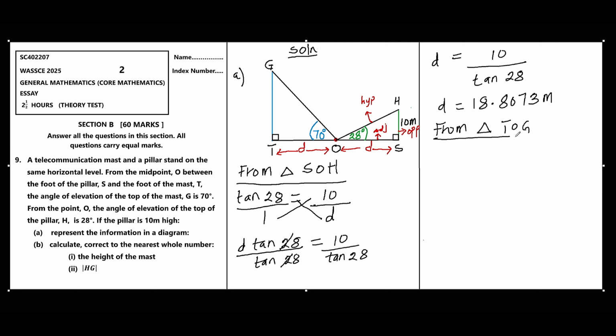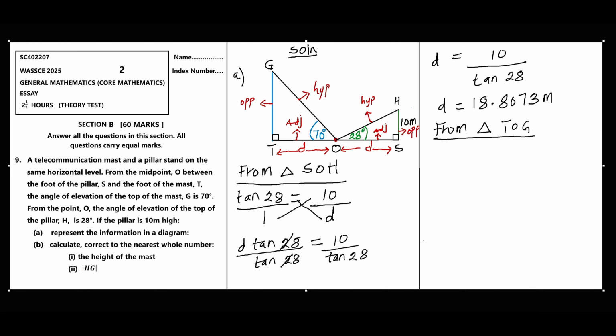So from triangle TOG, we know that the side facing the acute angle will always be the opposite. So this is the opposite. The longer side will be the hypotenuse, and then the remaining side will be the adjacent. So from this right angle triangle, we are looking for the opposite, but we know the length of the adjacent.